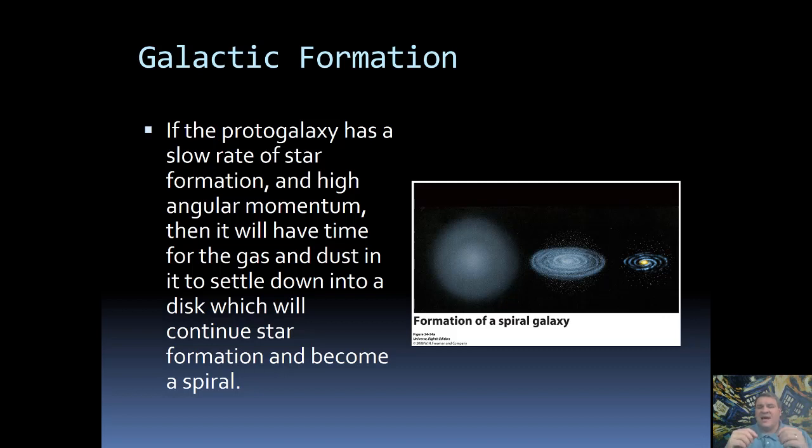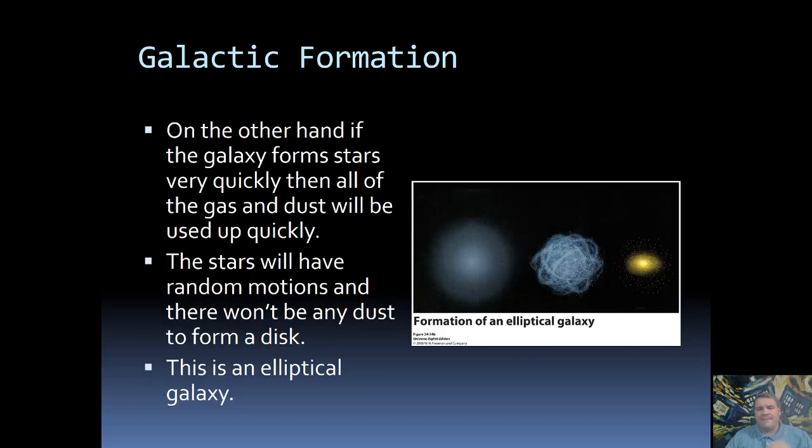But because it has a high angular momentum, it's going to start spinning faster and faster so that it all settles down into a nice disk. Because the disk has all of the interstellar medium, this is where we're going to continue star formation, and this will eventually lead to a spiral galaxy. So spiral galaxies had slow star formation rates and higher angular momentum.